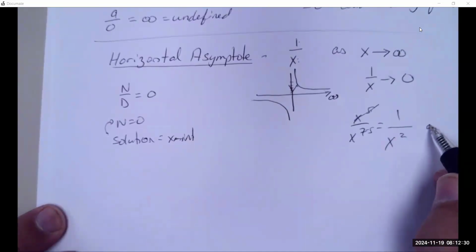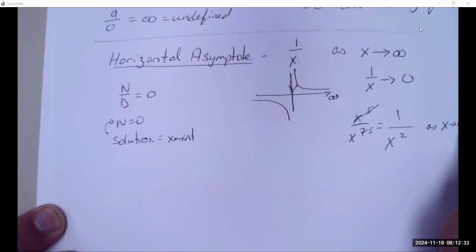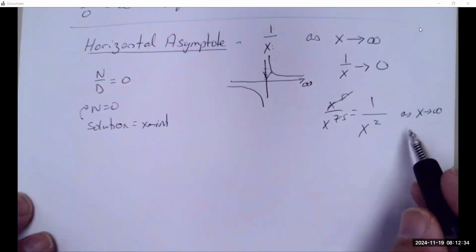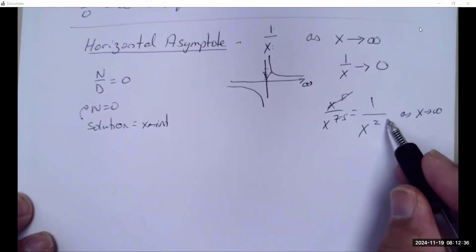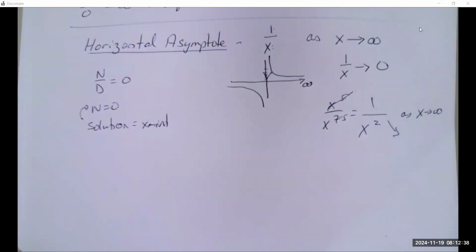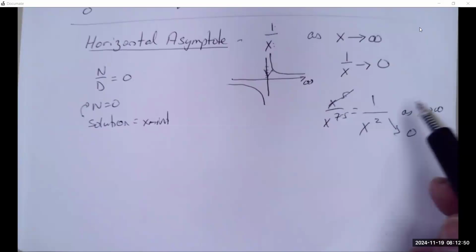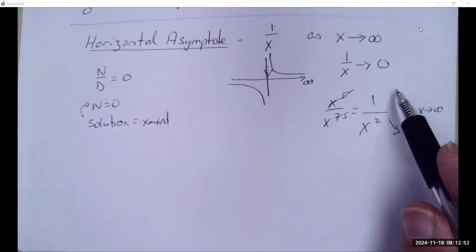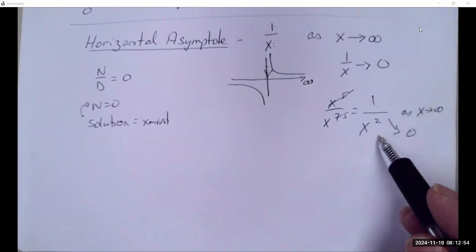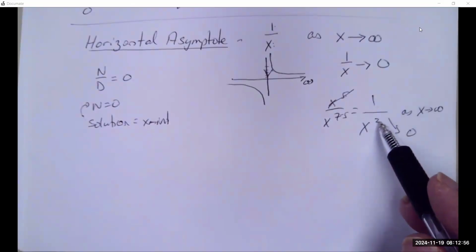Now, as x goes to infinity, this value goes to what number? Think about it. 1 over 1 is 1. 1 over 10, 1 over 100, 1 over 1,000, 1 over 1,000,000.